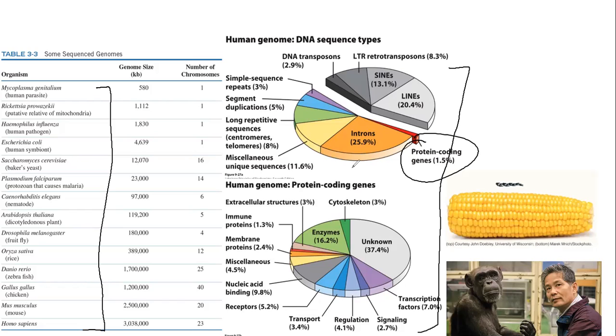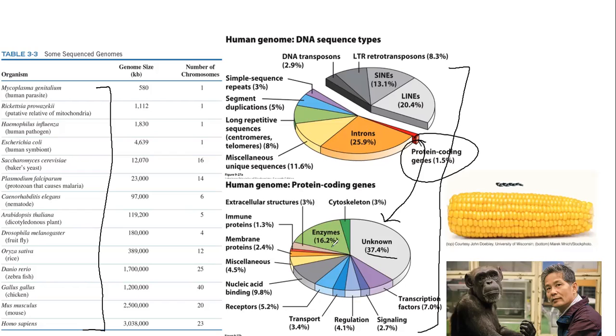And I'm not going to go over all the things that are labeled here, but this next pie chart is looking at what makes up the 1.5% of our proteins. And it always strikes me as funny that like 40%, we don't know what it does. There's a lot to still understand about the human genome.